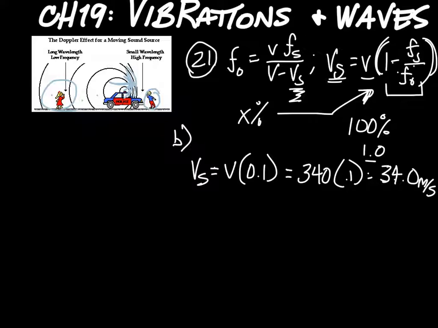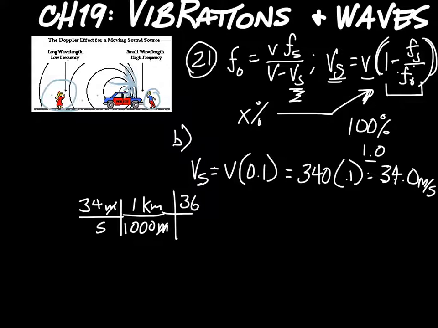Now, this is another one of those problems that's dealing with the speed of a vehicle. 34 meters per second doesn't mean anything to us. So we'd be much more comfortable if we could convert that 34 meters per second into kilometers per hour. So we take 1,000 meters in 1 kilometer. Meters cancel out. And then we take 3,600 seconds in 1 hour.